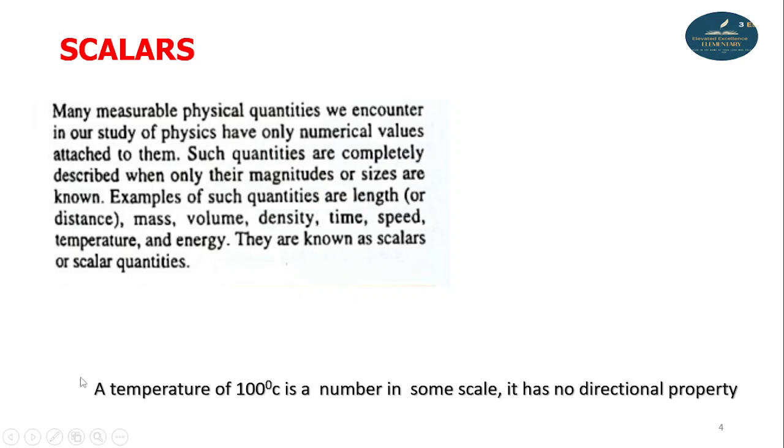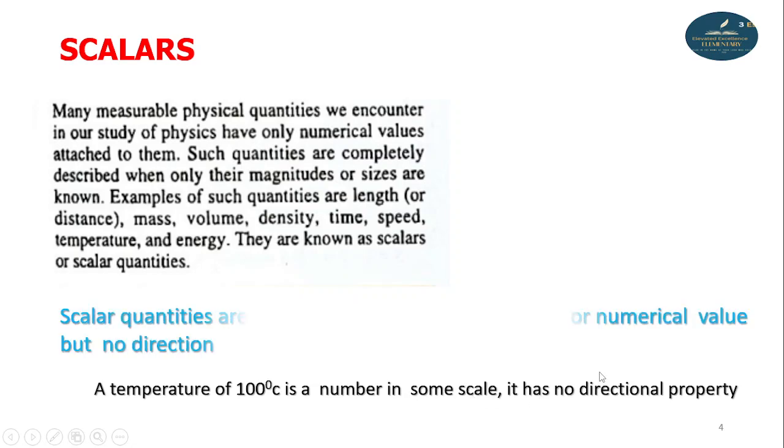A temperature of 100 degrees Celsius is a number in some scale. It has no directional property. So scalar quantities are those which have only magnitude or numerical value but no direction. When we measure the length of a table, we say 4 centimeters without including any direction.